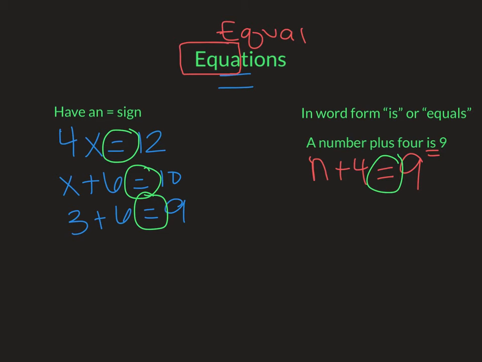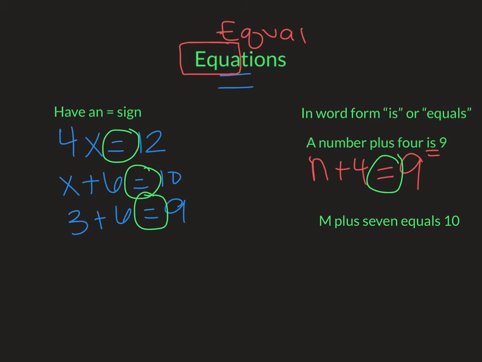Okay, let's do another example of a word form. So let's say m plus 7 equals 10.